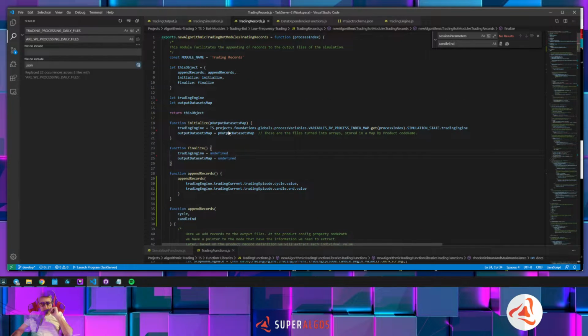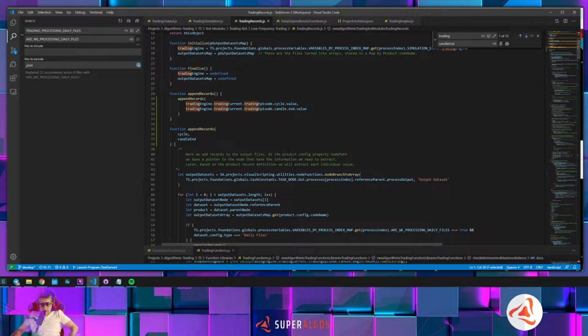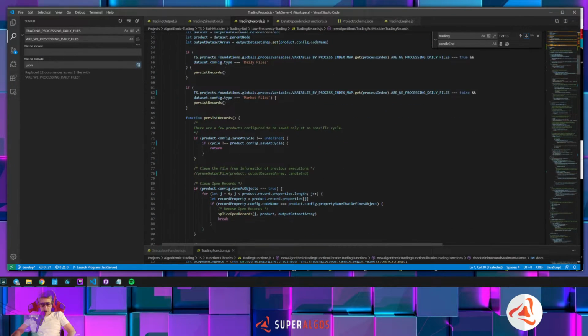So it's getting very simple. So let's check out this trading. Okay, so there's nothing referring to trading inside this logic.